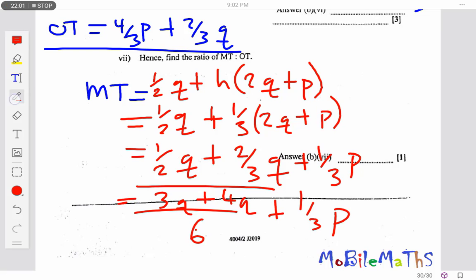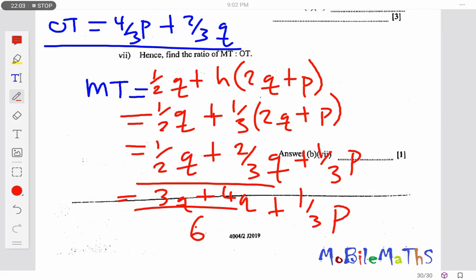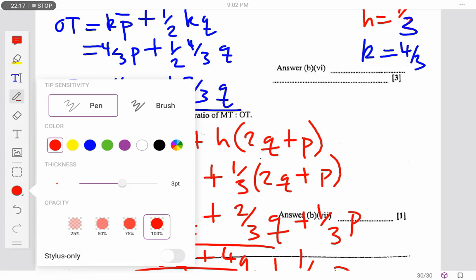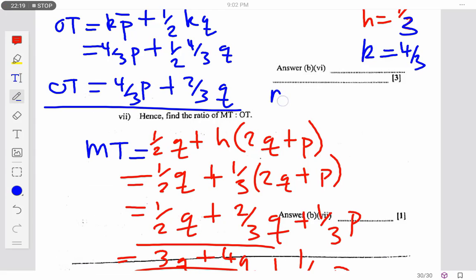So this is going to give me 7 over 6Q plus 1 over 3P. So MT is equal to 7 over 6Q plus 1 over 3P.